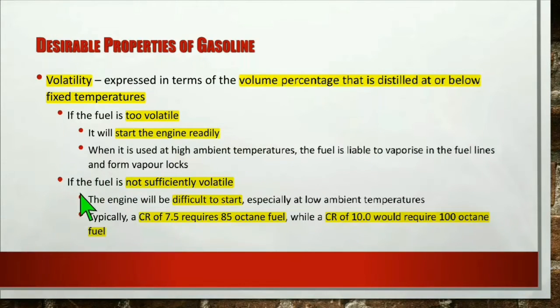And if the fuel is not sufficiently volatile, the engine will be difficult to start, especially at low ambient temperatures. Typically, a compression ratio of 7.5 requires 85 octane fuel, while a compression ratio of 10 would require 100 octane fuel.